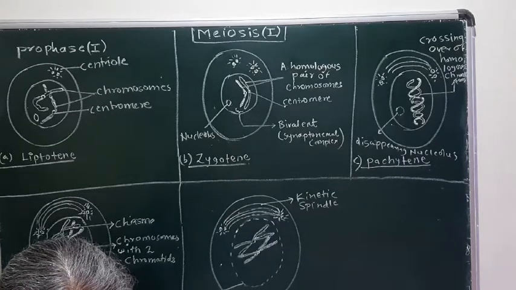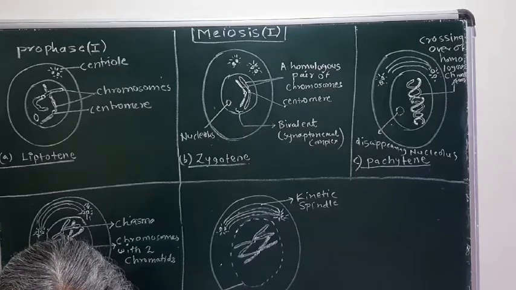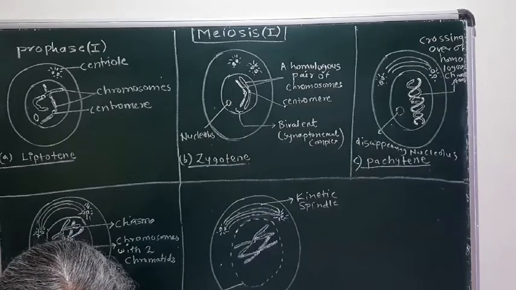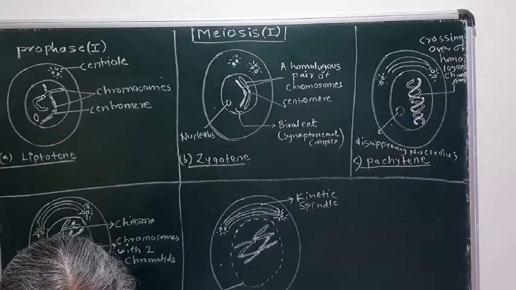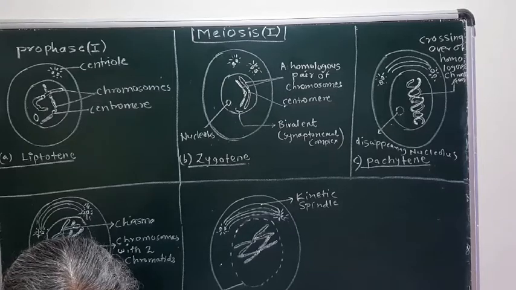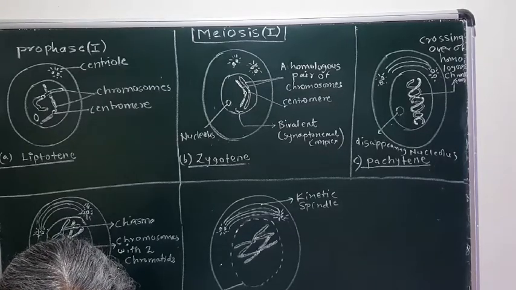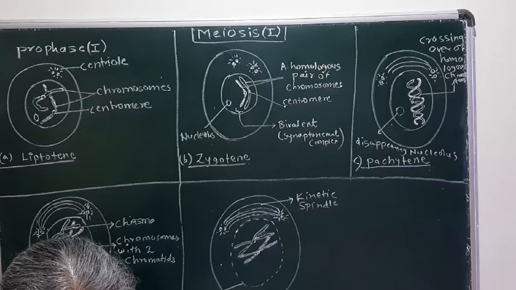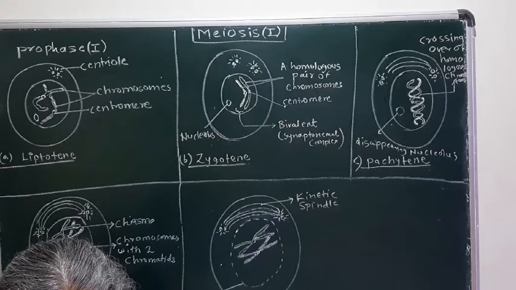So they have given the procedure. Take a medium sized onion, keep it in a conical flask, and fill it with water in such a way that the roots of the onion will be in contact with water. Observe the roots of the onion for 4 to 5 days. Cut the tips of the roots, put them on a watch glass, pour some iodine drops, take one of the root tips on the glass slide and press it with the help of forceps, and add 1 to 2 drops of water.